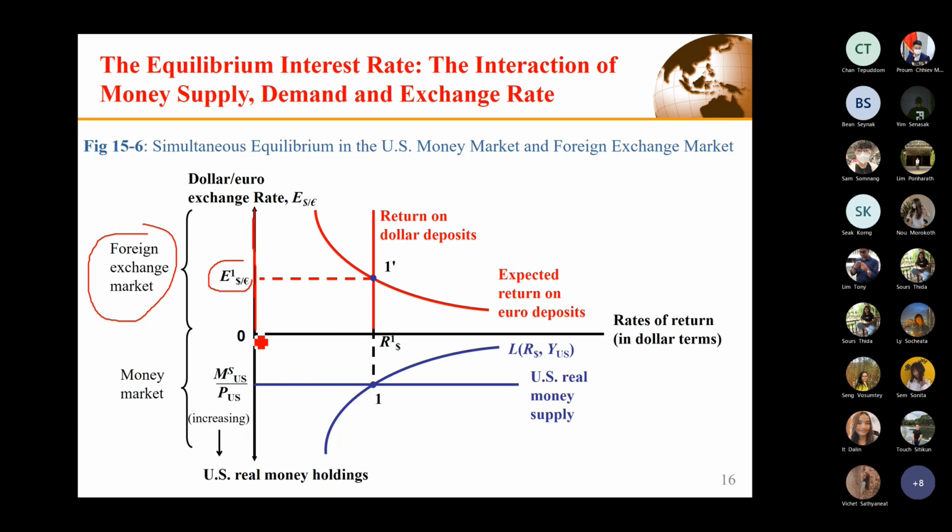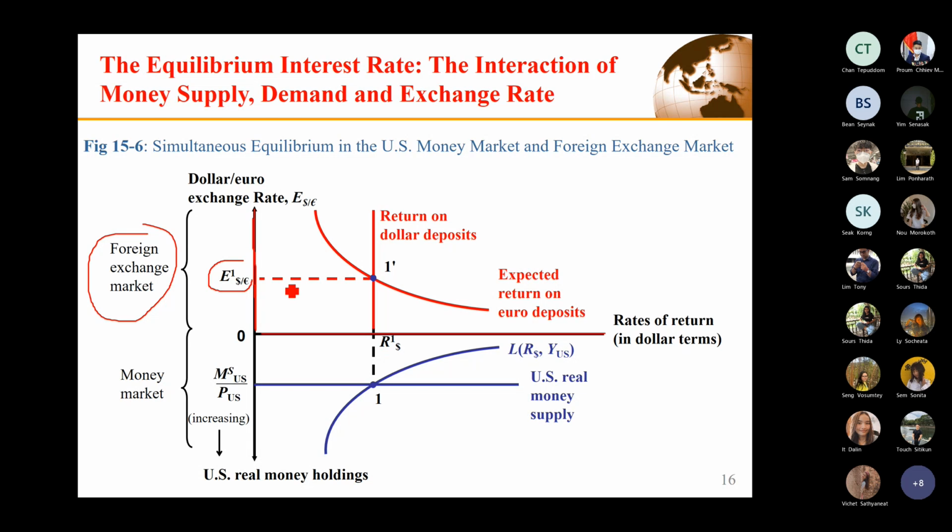On the horizontal axis here, just like in the previous chapter, we put the rate of return. So we have the interest rate and the expected rate of return for the foreign currency.